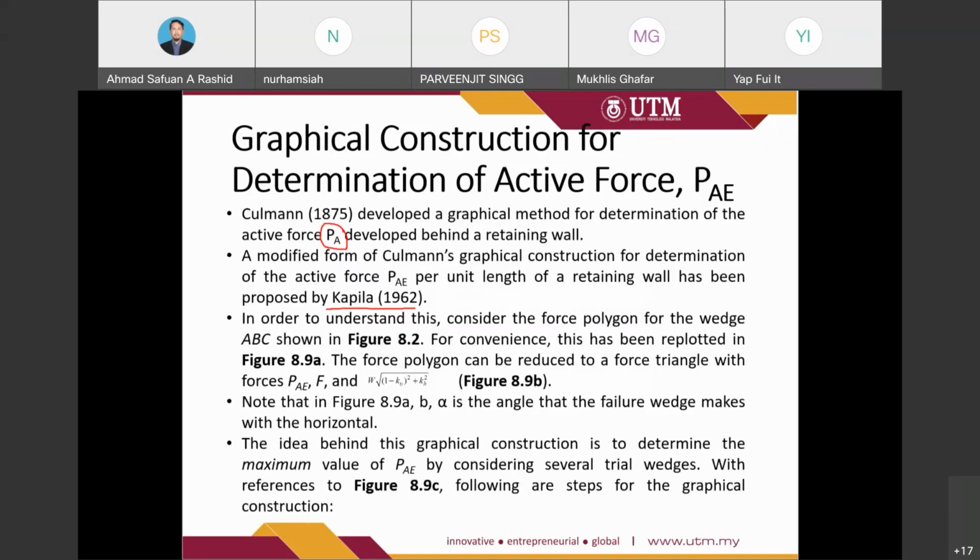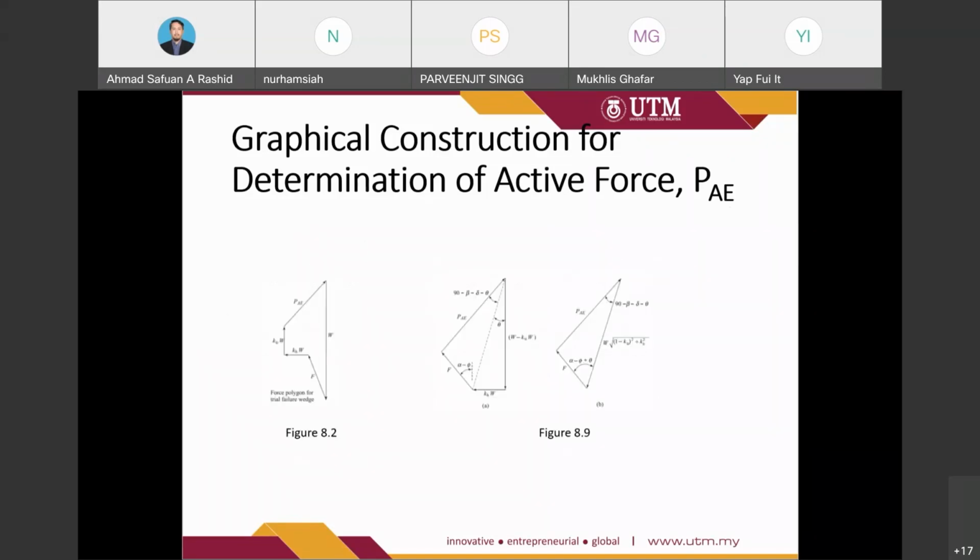For convenience, this has been replotted in figure 8.9a, where they come up with the degree value for theta and also for alpha minus phi in the polygon diagram, which is illustrated in figure 8.9a.